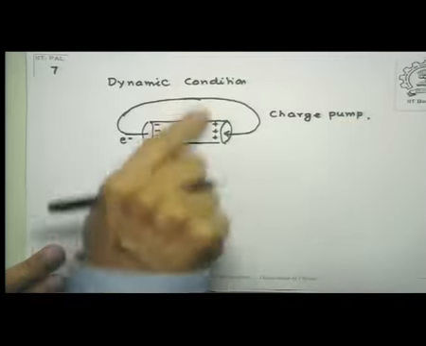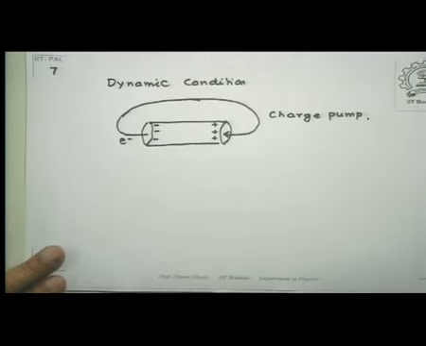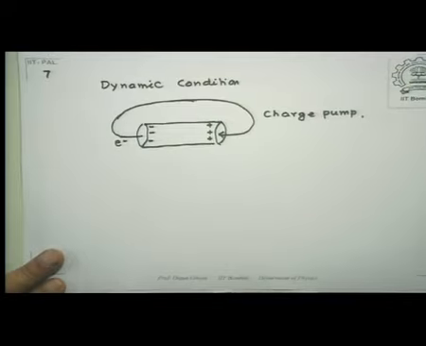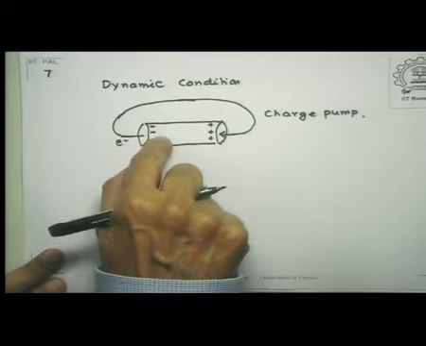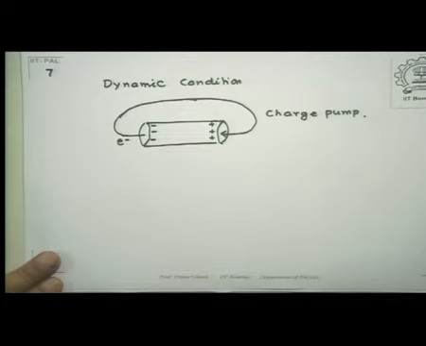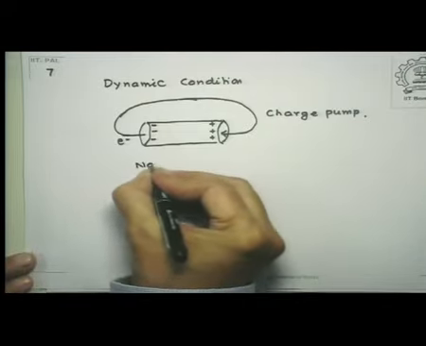How we do it, I am not giving in this picture, but you might have realized that what we do is to join it by a battery and things like that. But this charge pump removes the electrons almost as soon as they arrive here and then feeds it there. So, this has the effect that no internal electric field will be created.